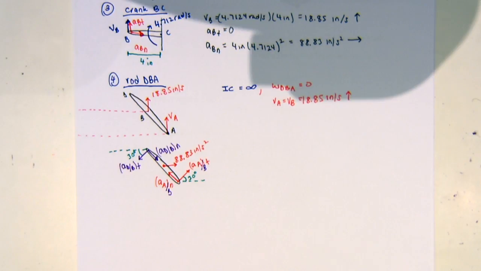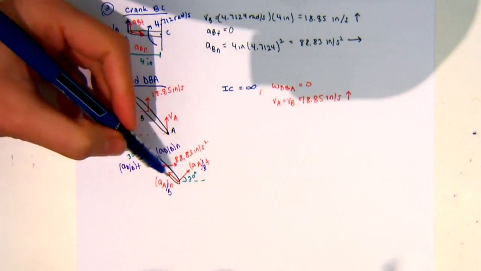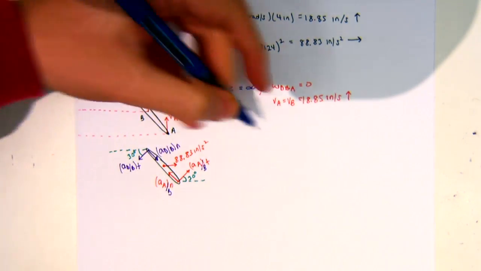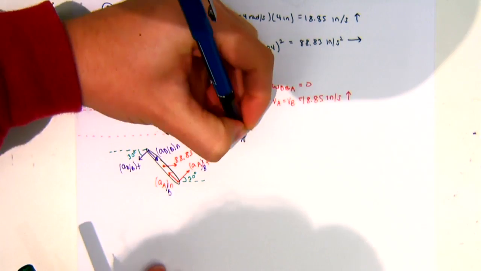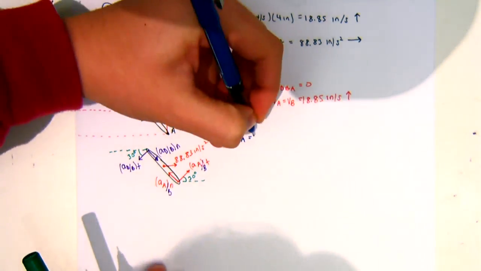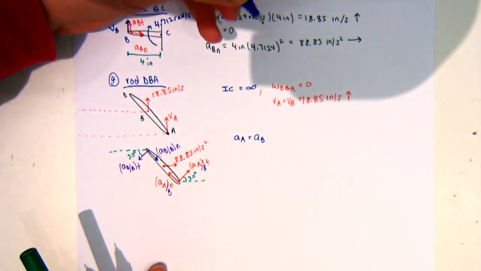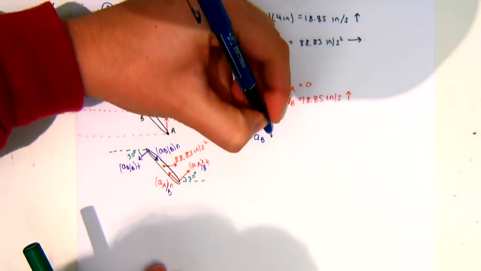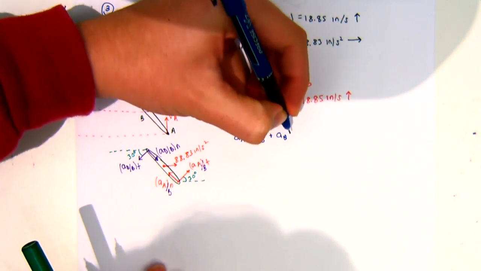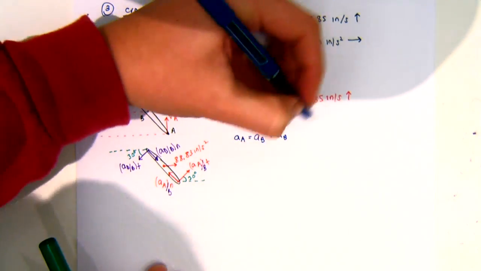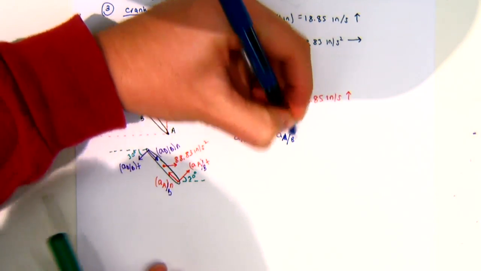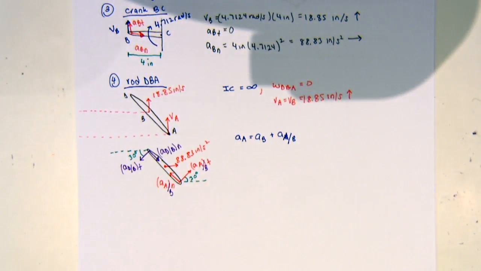So what I can do is, if I'm looking at point A first, I can say that the acceleration of A is equal to the acceleration of B plus A relative to B. But we know that we have two components, right?